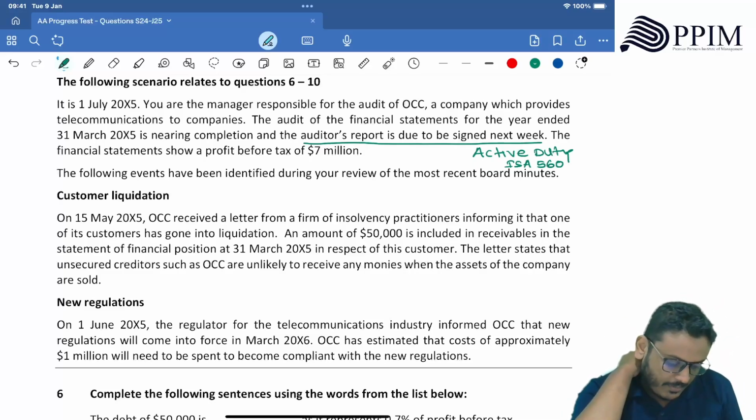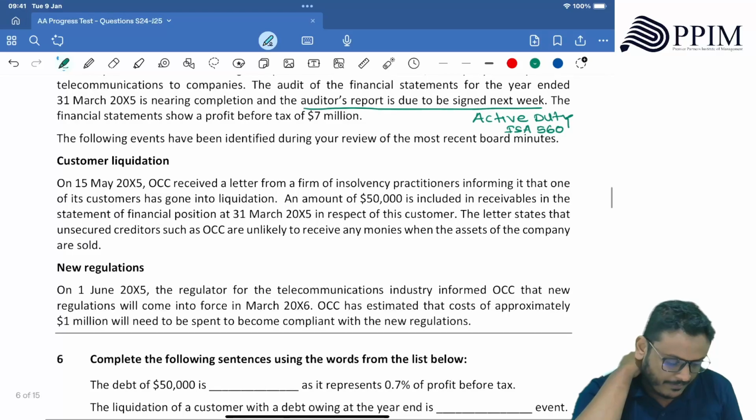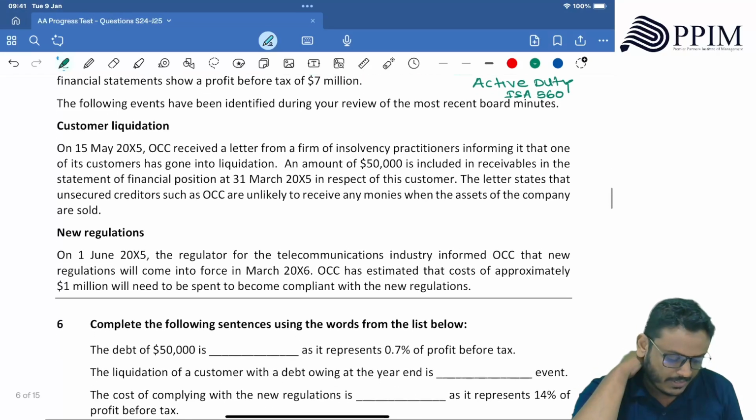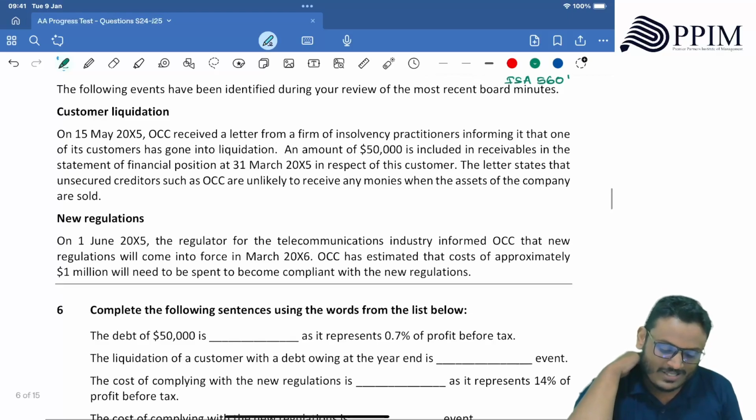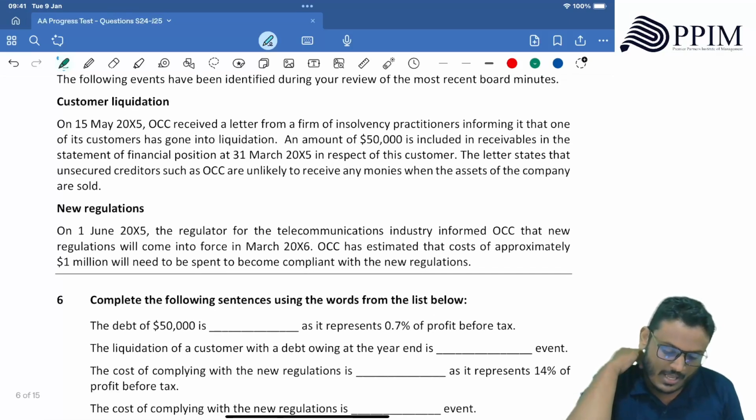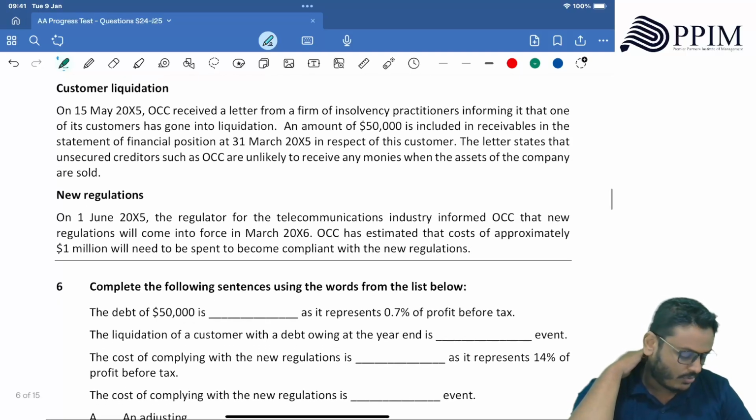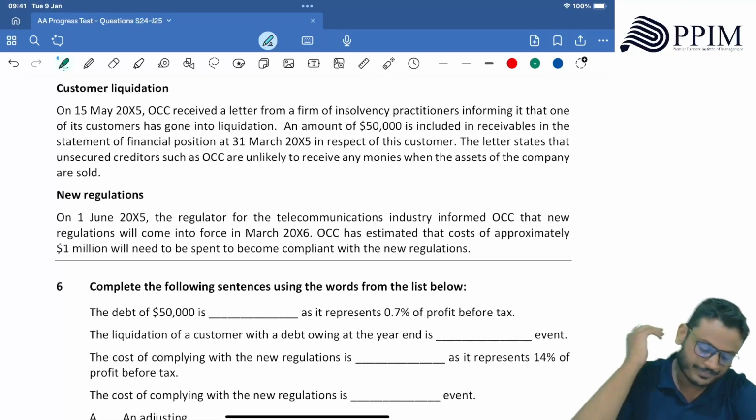The financial statements show profit before tax of 7 million. The following events have been identified during a review of the most recent board meetings. Number one is customer liquidation. On 15th May 2005, OCC received a letter from a firm of insolvency practitioners informing it that one of its customers had gone into liquidation.